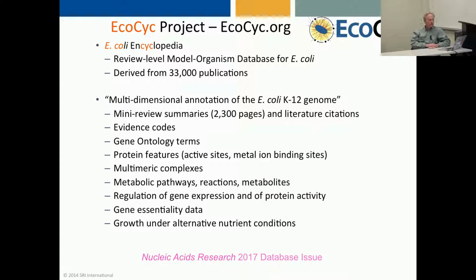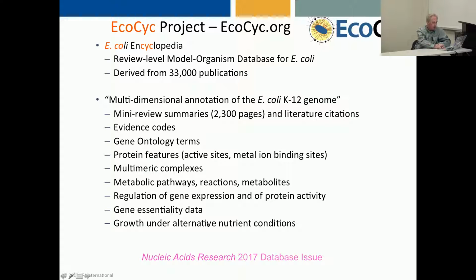But they'll also write what we call mini reviews about a gene. They'll write one or two or more paragraphs that summarize what's known about the role this gene plays for a given organism. We call those mini reviews. If we count up all the mini reviews in EcoCyc, it adds up to about 2,300 textbook page equivalents of information that our curators have authored over the years.